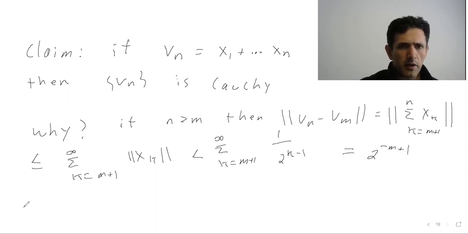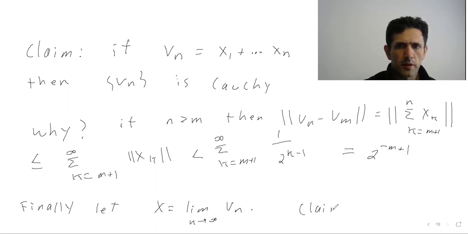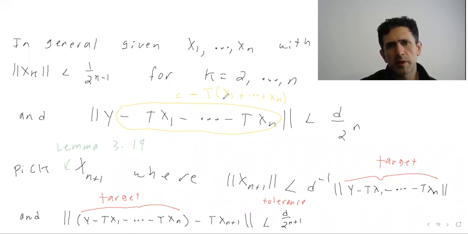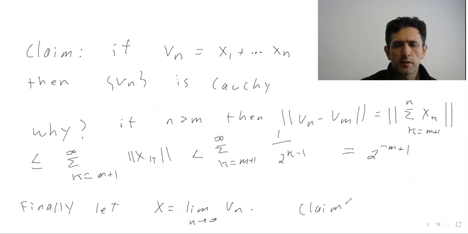Okay. So finally, let x be this limit here. Like I said, it's basically trivial that because of this, if x1 plus dot dot dot plus xn converges as n goes to infinity, then T of x is going to be equal to y.